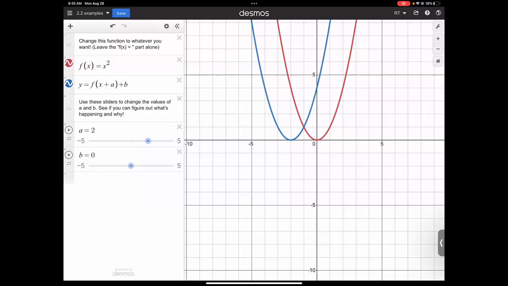So that would be this. That's what the thing in blue, that actual equation, would look like. It's a square function where I've added 2 to the x term, the input term. So A is happening on the inside of what the function's doing, grouped in a set of parentheses.